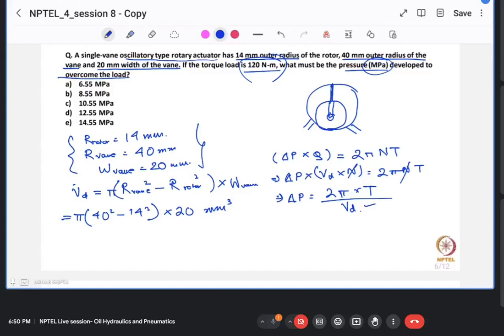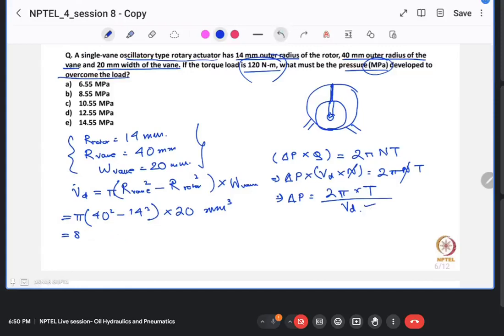How much will you get? 40 square minus 14 square multiplied by 20. So I'm getting 88.22 centimeter cube because I am dividing by 1000. Better to convert it into meter cube, but it's fine, you can also convert it in meter cube.